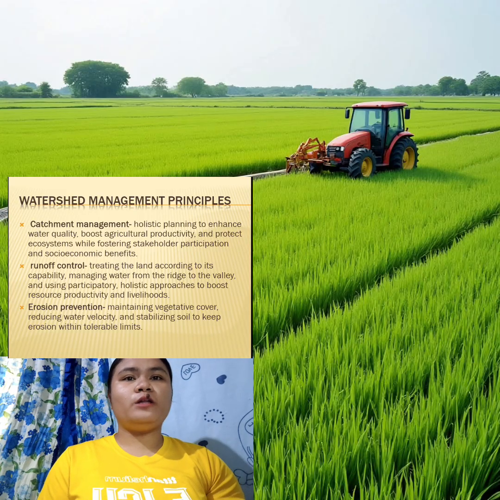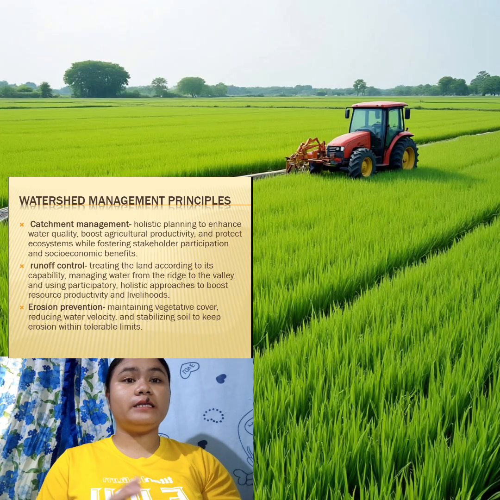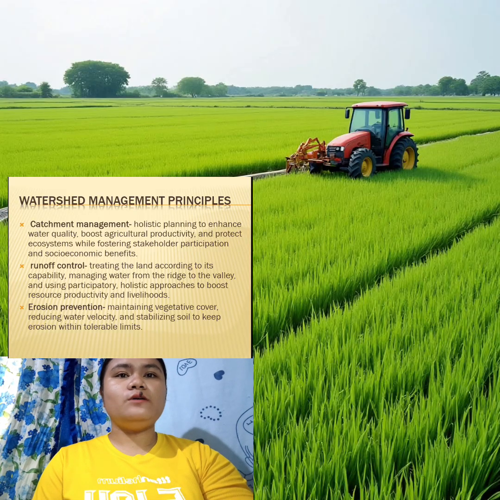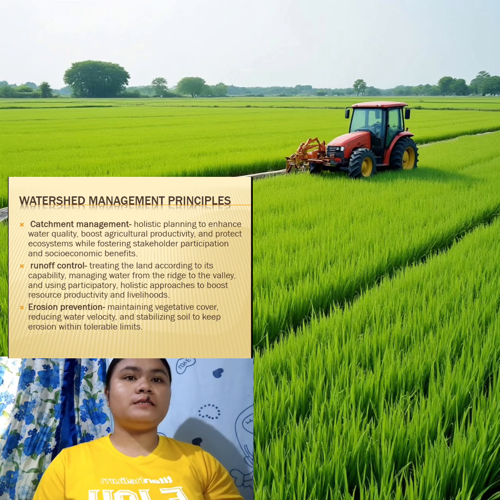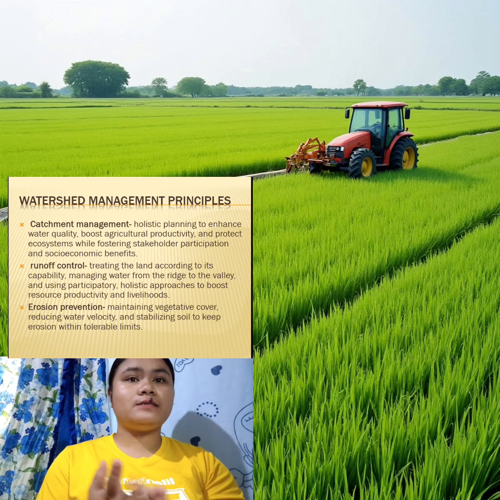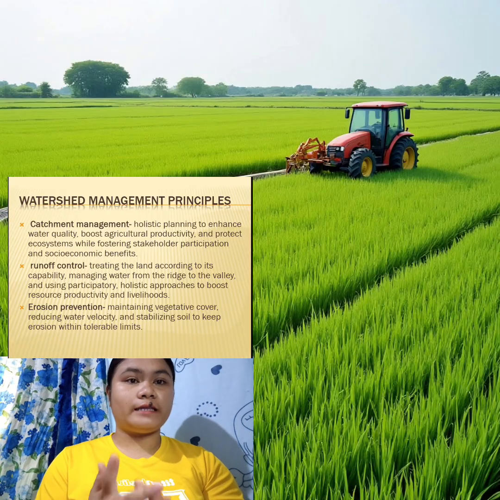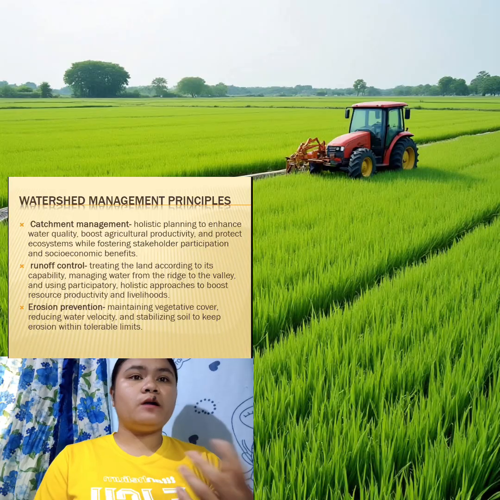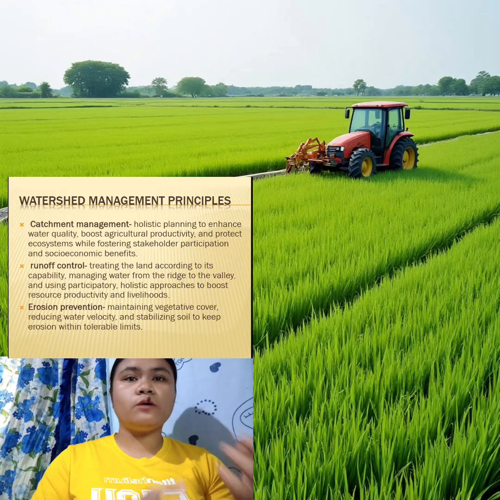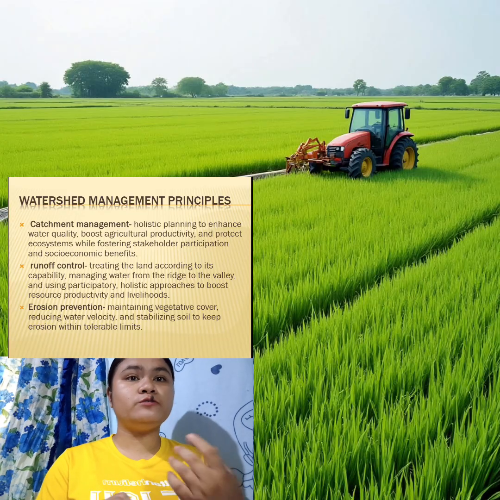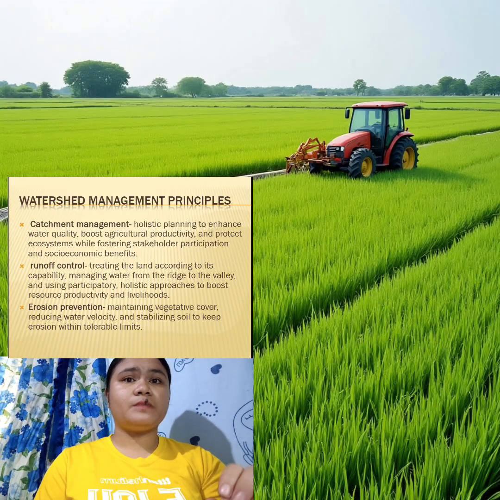When farmers and communities are involved in planning and implementation, outcomes are more sustainable and locally adapted. Examples of runoff control practices include contour farming, grassed waterways, and of course, check dams. Why? It is because all of these slow down water movement, increase infiltration, and reduce soil loss.